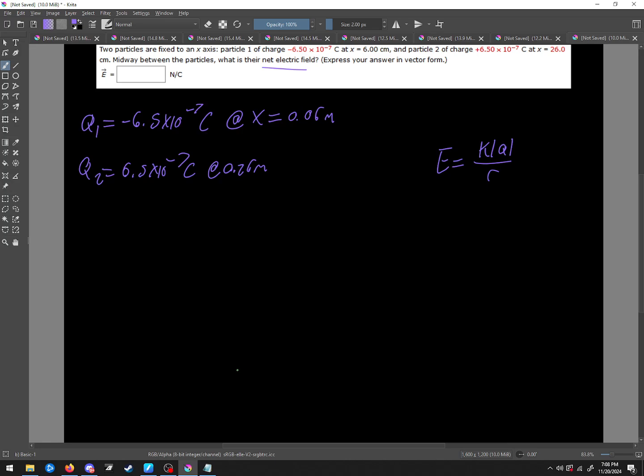Knowing that E equals KQ over R squared. Let's see. Net would mean just adding both, right? Well, not quite.